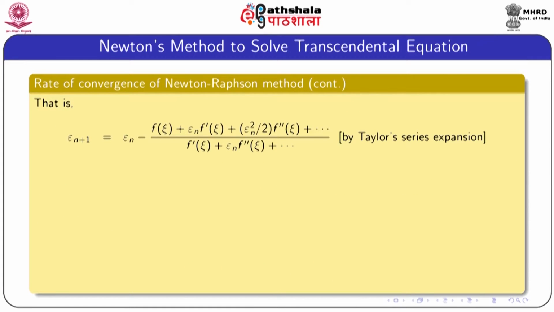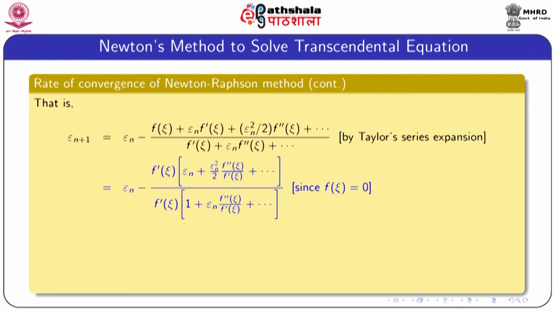Now after simplification, the last equation reduces to this form: epsilon n+1 = epsilon n minus [f(xi) + epsilon n f'(xi) + epsilon n square by 2 f''(xi) + ...]. This is obtained by expanding f(xi + epsilon n) by the Taylor series, and similarly we obtain the infinite series by Taylor series expansion for the denominator.